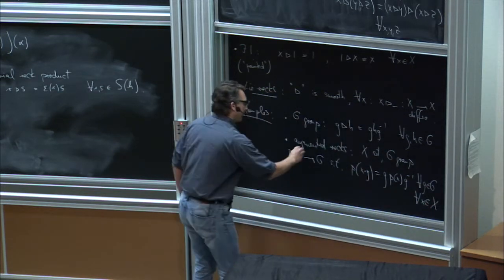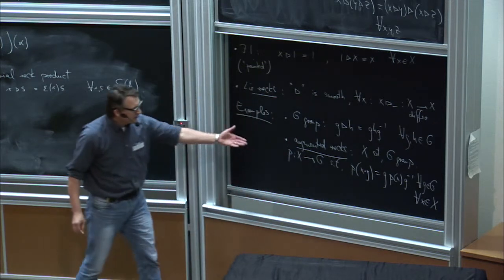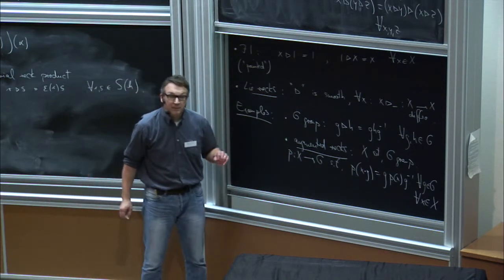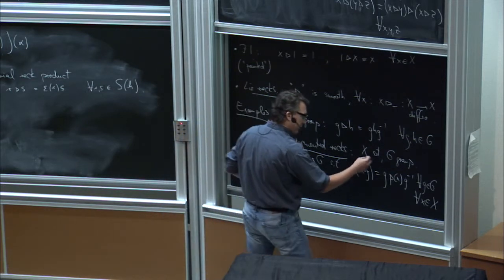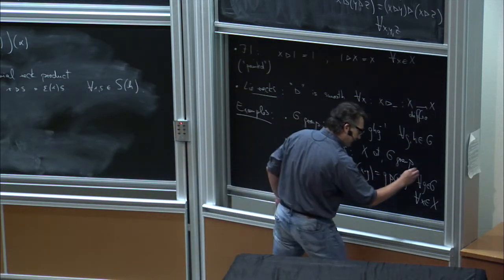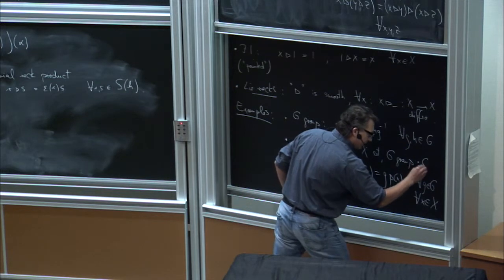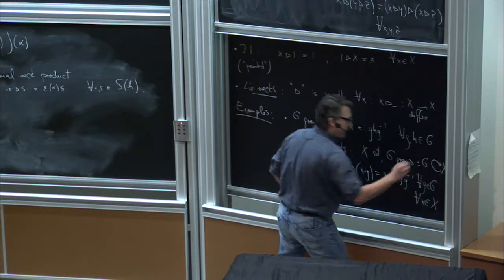Then you talk about an augmented rack. So X is a set, and G acts on X.